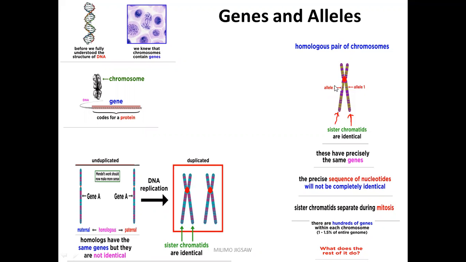These 2 forms of the same gene are what are known as the alleles, or allelomorphs, of that gene. So for example, we can give a gene which codes for height. A person will either be short or tall, so you have an allele for tall and an allele for short.